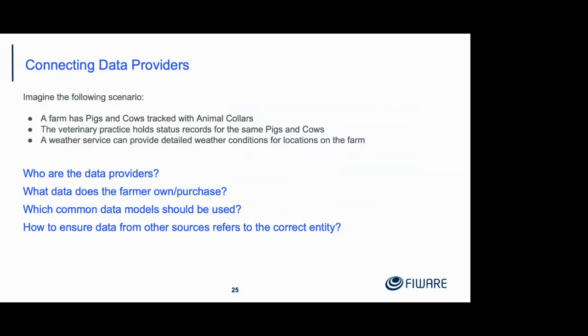So again, I would like you to break out onto the tables and try to work out what you see as the various elements in this system which you want to separate into your various different context brokers.